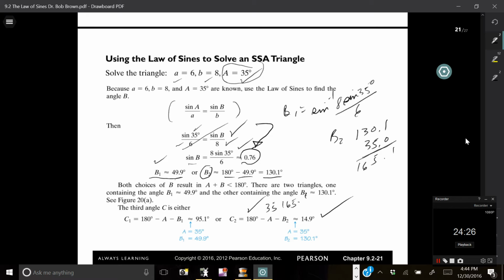Now C1 would be 180 minus A minus B1, which is 95.1 degrees.